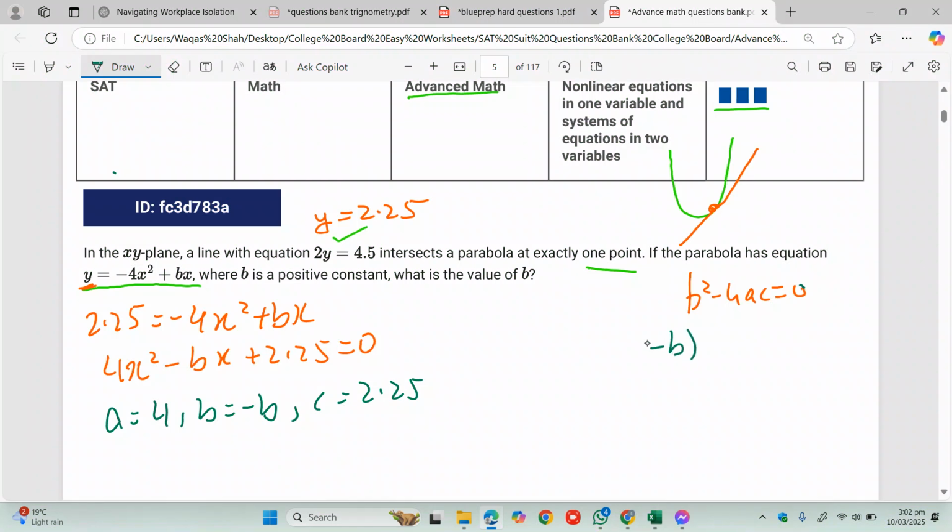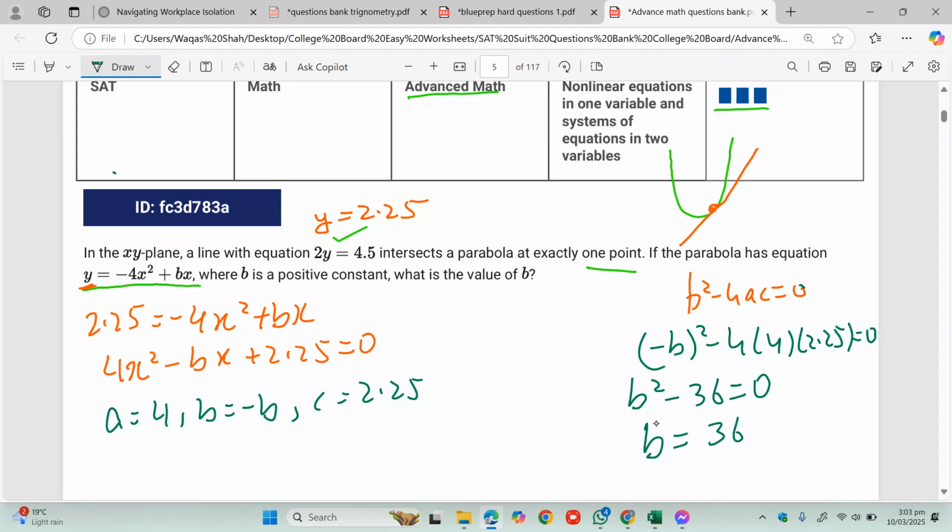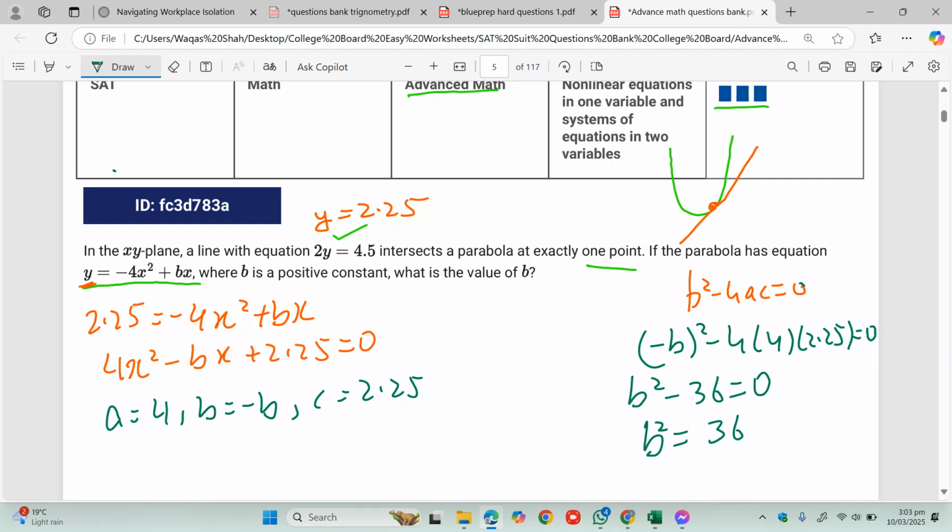So it will be negative b squared minus 4 times 4 times 2.25, and that is equal to 0. So it will become b squared minus 4 times 4, 16. 16 times 2.25 is 36. So b squared minus 36 is equal to 0. So b squared is equal to 36.